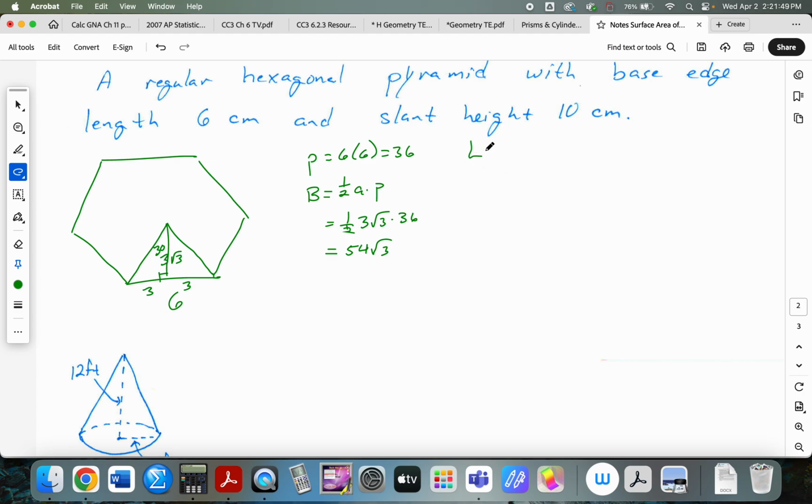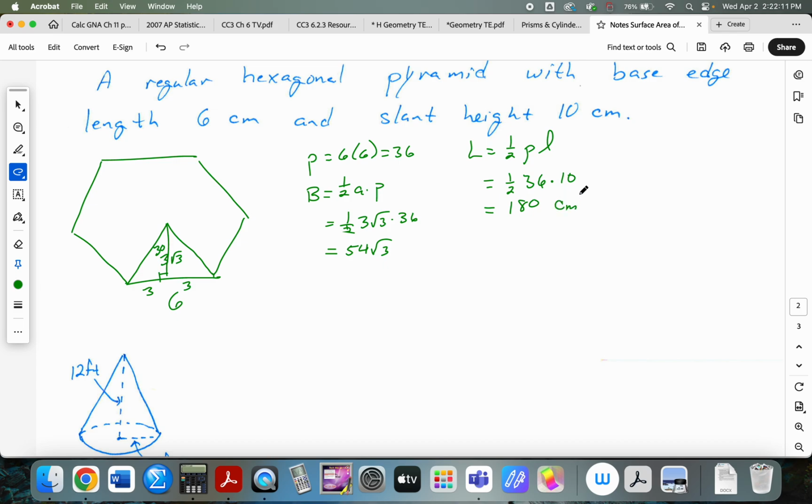So then the lateral area, 1/2 perimeter of the base times the slant height. So that's 1/2. The perimeter of the base we found was 36. The slant height was 10. Half of 36 is 18, and 18 times 10 is 180.